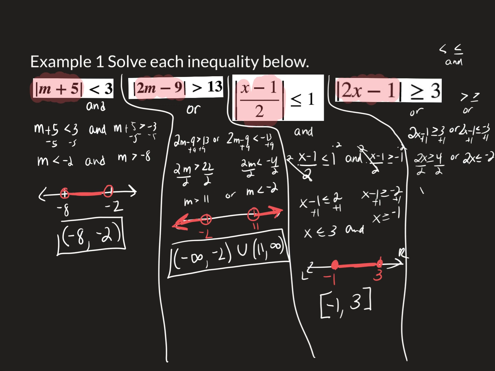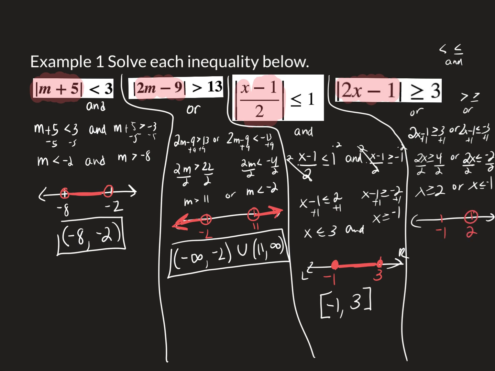Divide by 2, x is greater than or equal to 2, or divide by 2, x is less than or equal to negative 1. On a number line, greater than or equal to 2, less than or equal to negative 1, yes, that is a normal OR.